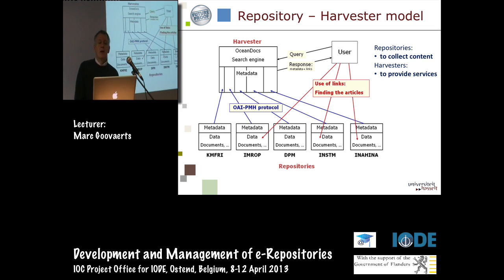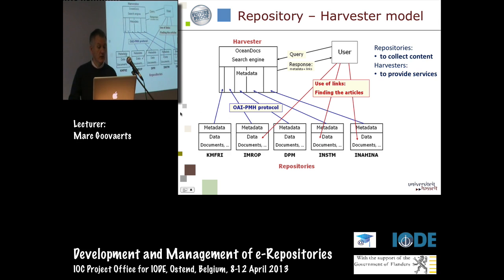I think this is how harvesters and repositories are interacting. Users are not going straight to the Camefree repository or another repository, but are going to a harvester.